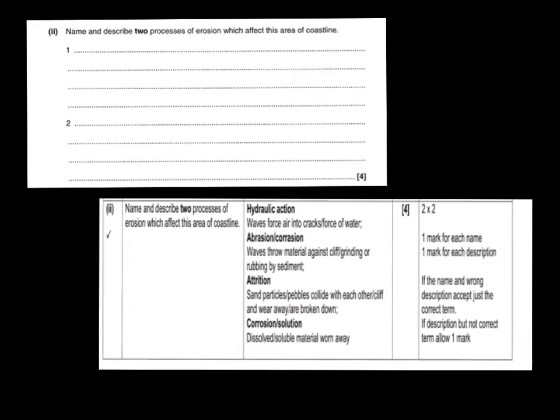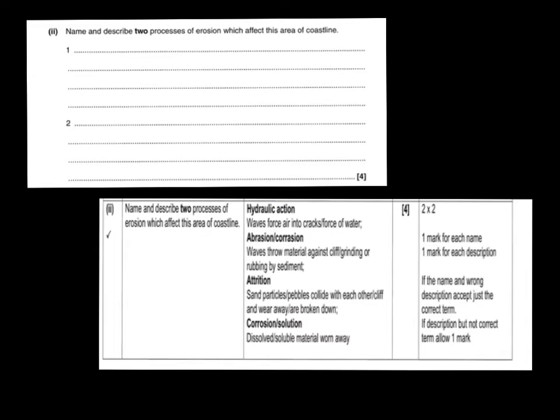Attrition, the banging of sand and particles together, making them rounder and smaller. And finally, solution, the dissolving of material, particularly limestone, by the sea. One mark for the name, one mark for the correct explanation. So make sure you've got those.